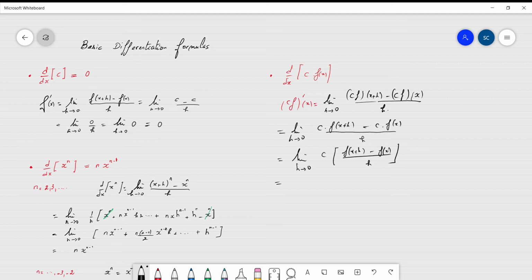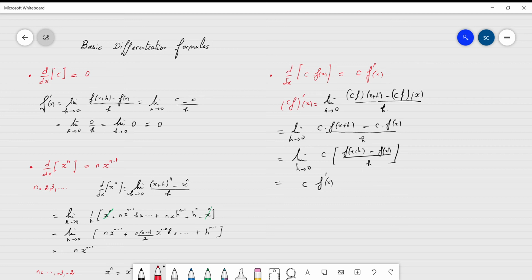And this is exactly c times the derivative of f, so c f'(x). So to derive a function multiplied by a constant, it is the same as to multiply the derivative of the function by the constant. This is the first rule.